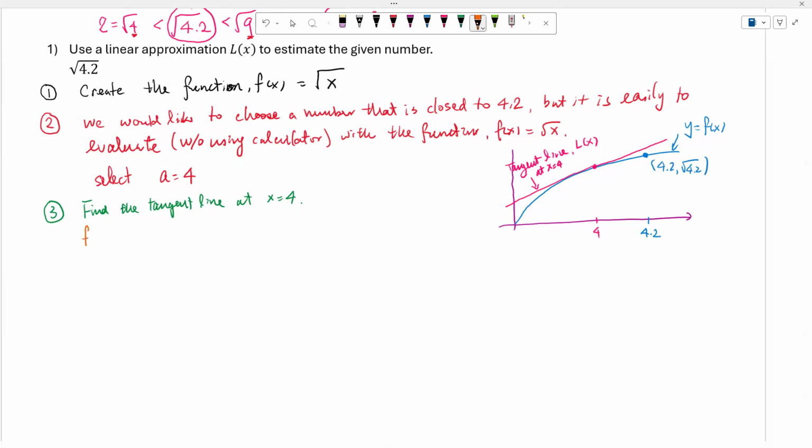We know the function is f of x equal to the square root of x, which is x to the 1/2, and we would like to evaluate at x equal to 4. Then f prime of x is 1/2 x to the negative 1/2, which is 1 over 2 times the square root of x.